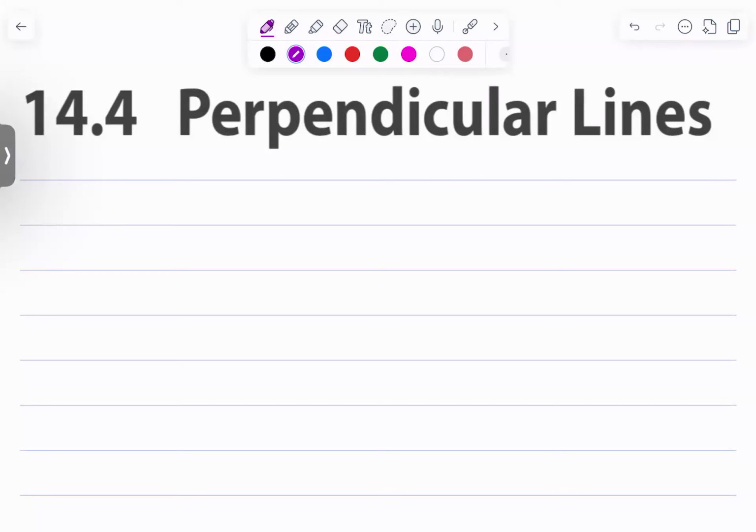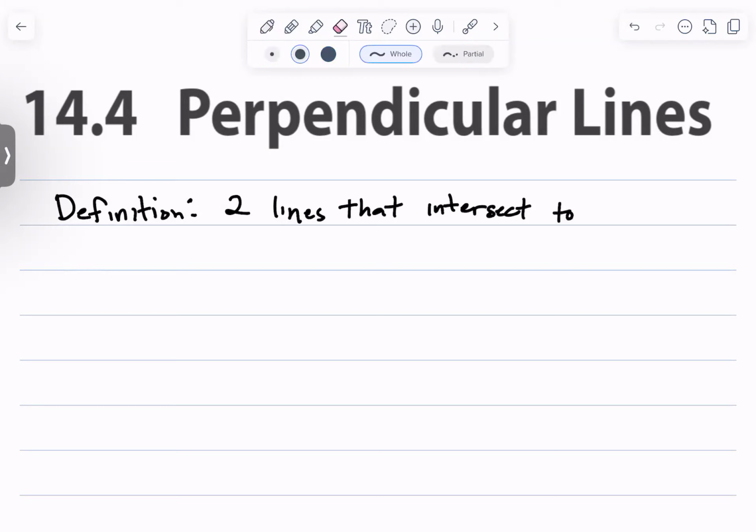Remember that the definition of perpendicular lines is two lines that intersect at a 90-degree angle.